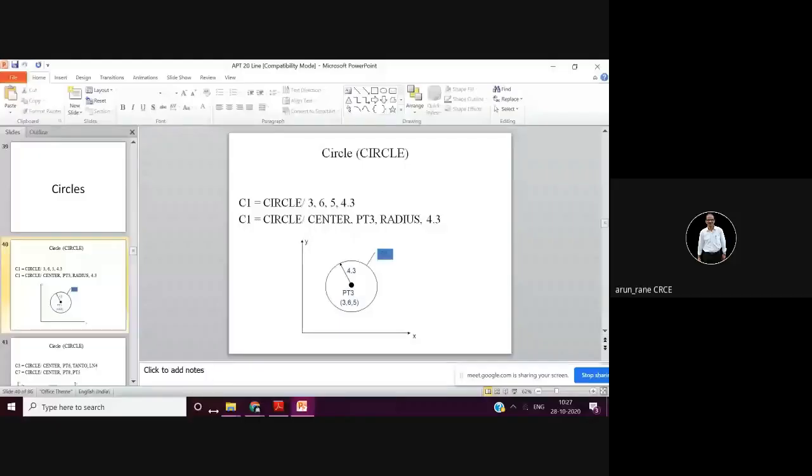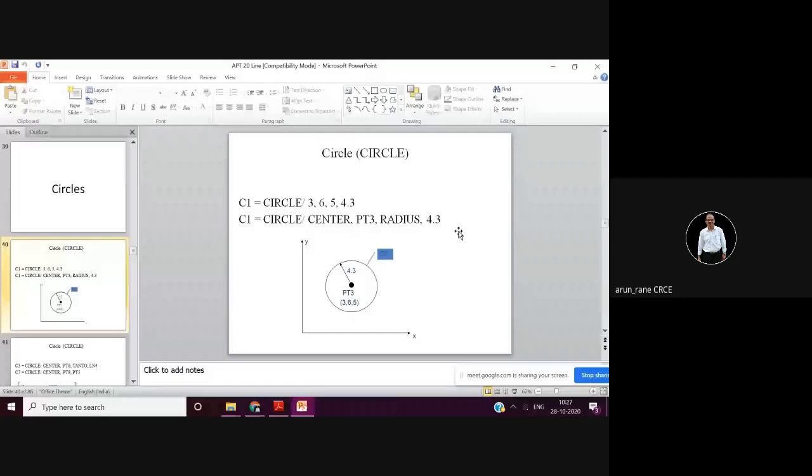Or another way is you can say circle and then center, that is say point 0.3, which has been defined already, and radius 4.3. So that's another way of defining the circle.